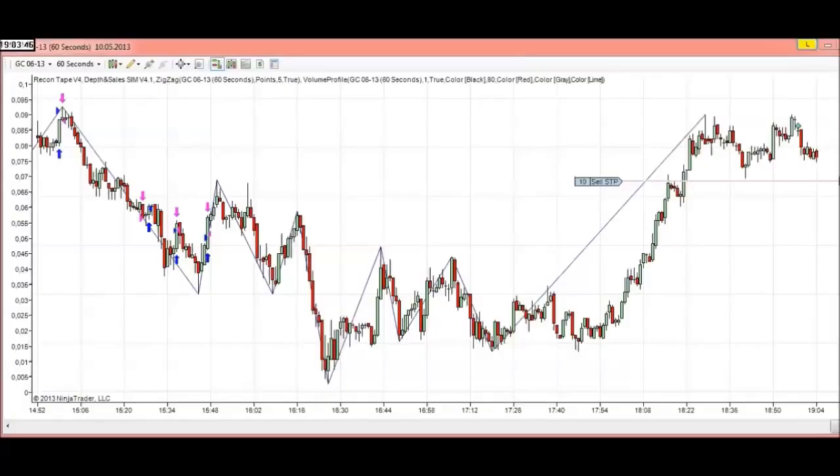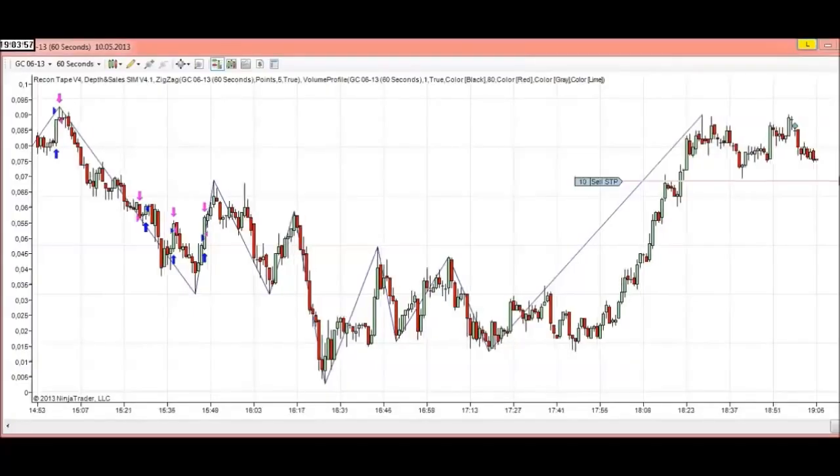So my intention is to take entry with a resting order based on the chart pattern and with confirmation from the tape. So when I want to sell below the low, for example, I want price to approach it fast and have a lot of sales, large orders on the tape.